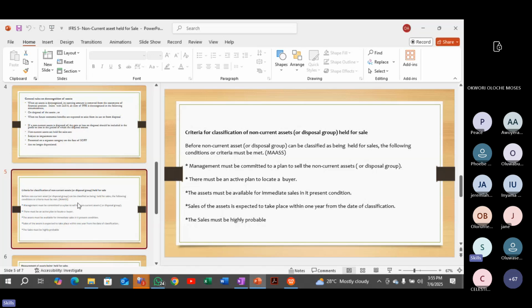The third one, S: the asset must be available for immediate sale in its present condition. You are the one who wants to sell the freezer, and yet the freezer is not working well.